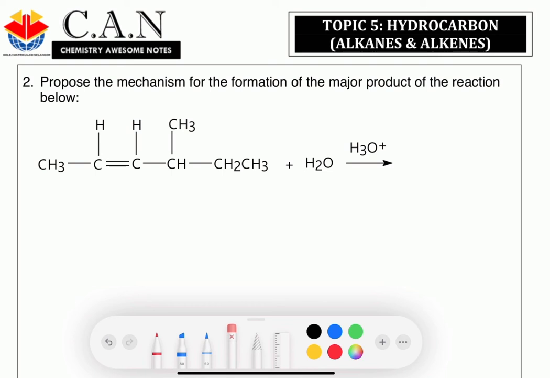Now for this question, which is at page 58, I can say that this is a tricky question. Now I believe most of you, when I ask you to write the product, you might write like this.